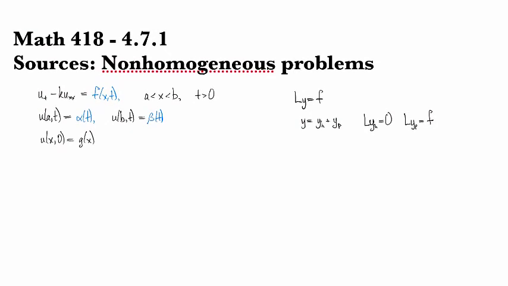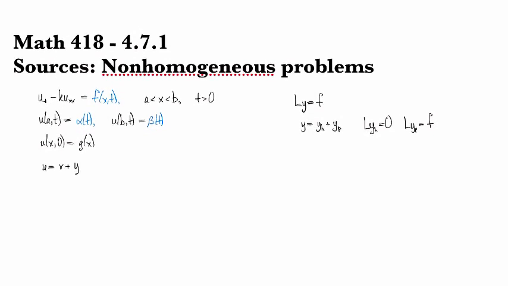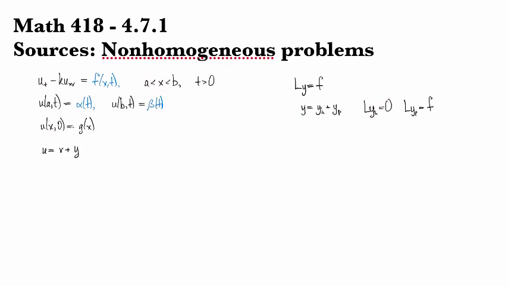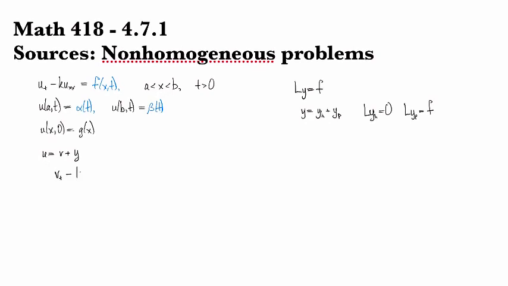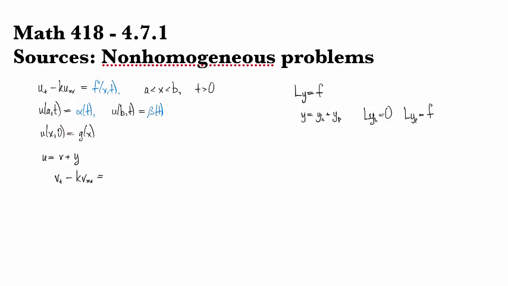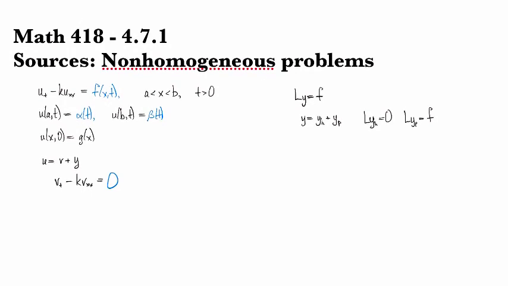So we're going to consider u to be some v plus y that solve different parts. So we'll take the problem v_t minus k v_xx equals 0. So we're going to homogenize the PDE in this one.